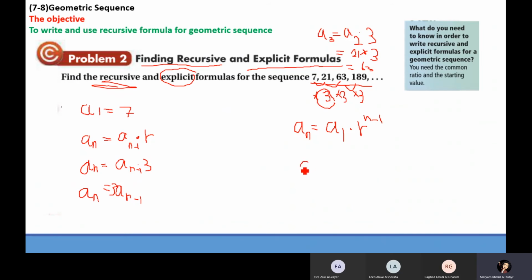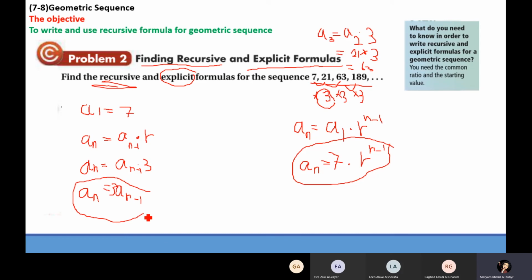So an, I will rewrite it again, then I will substitute with the things that I have. What is A1? A1 is 7. So it's 7 times r to the power n minus 1. I'm done like that. I'm done from finding the explicit formula. That's my explicit formula, and that is my recursive formula.